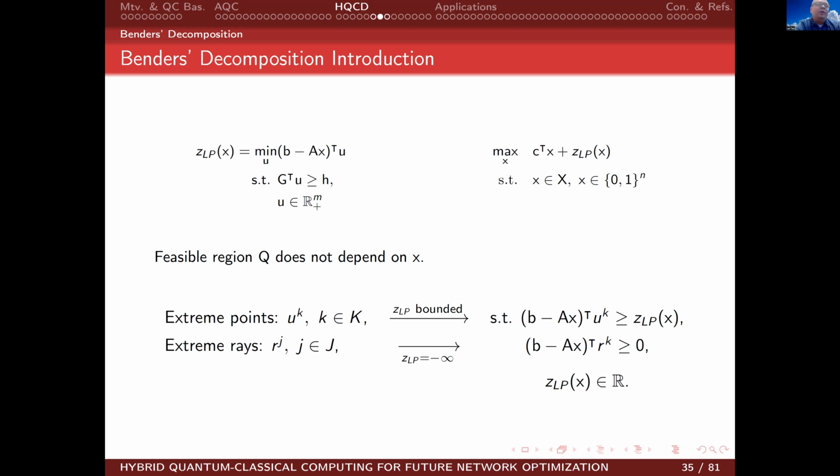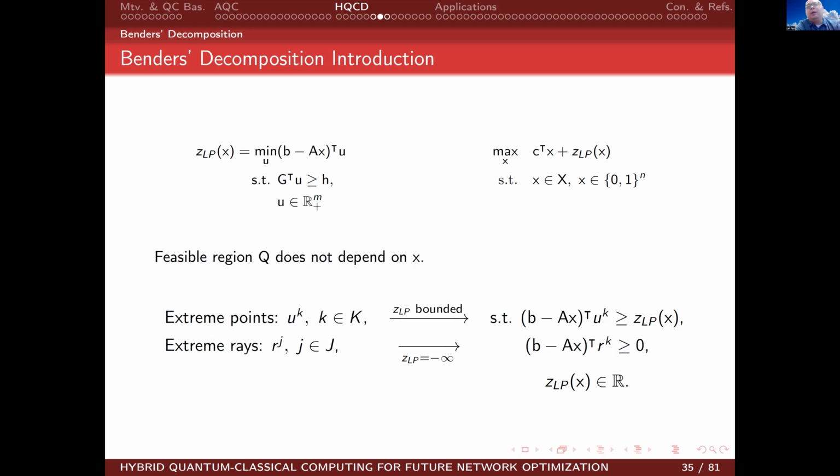And if the subproblem is infeasible, then the linear programming solver can provide us the extreme rays. Once we have the extreme rays and extreme points, we can use them to describe the polyhedron.